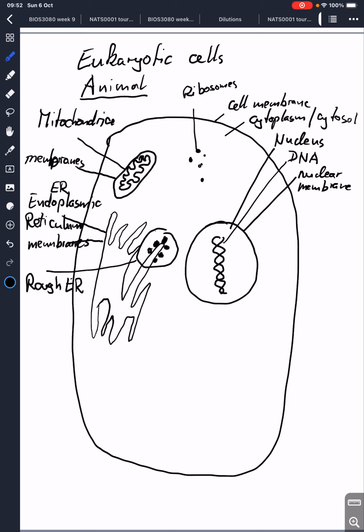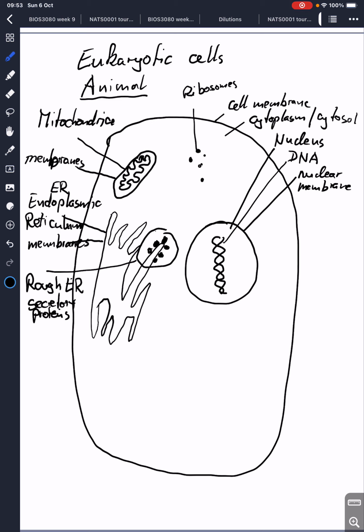And the rough endoplasmic reticulum is involved in the synthesis of special proteins, of secretory proteins. So these are proteins that are transported out of the cell. And it's also involved in quality control of proteins and things like that.